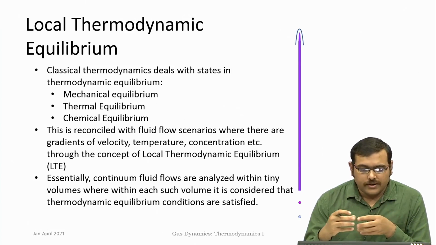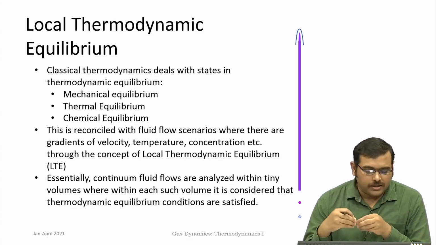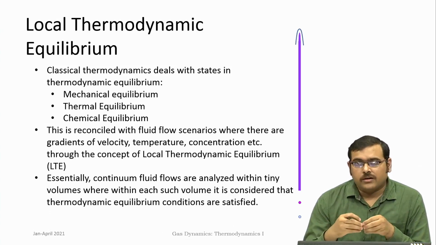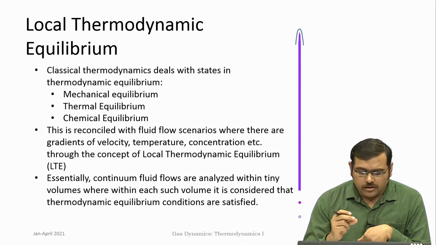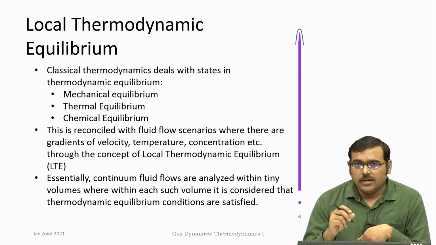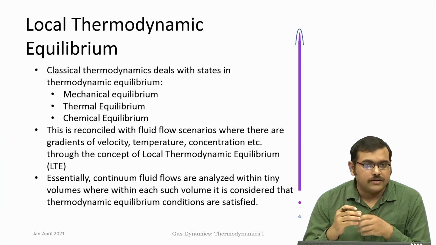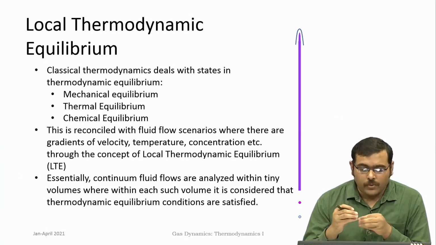So how do you reconcile classical thermodynamics with fluid flow? It is through the concept of local thermodynamic equilibrium. Fluid flows are always analyzed by considering small tiny volumes, and we say that in each of those very tiny volumes, thermodynamic equilibrium is valid.